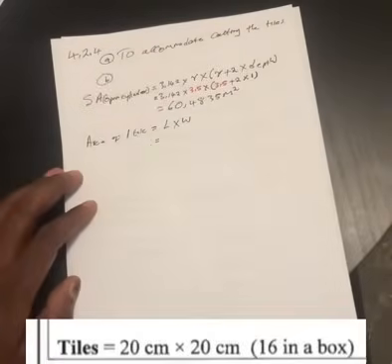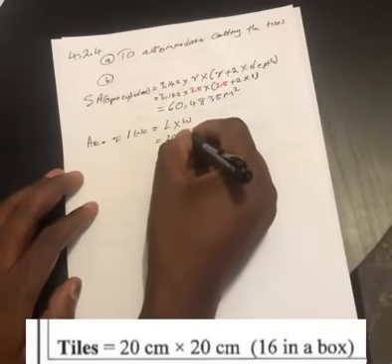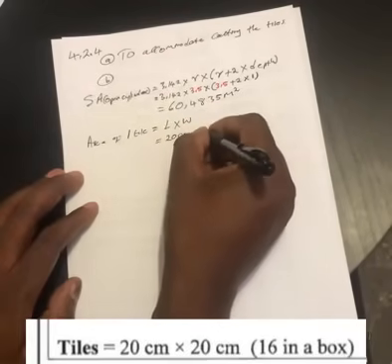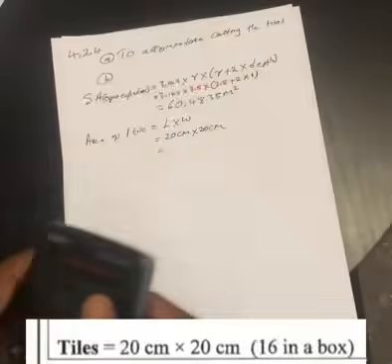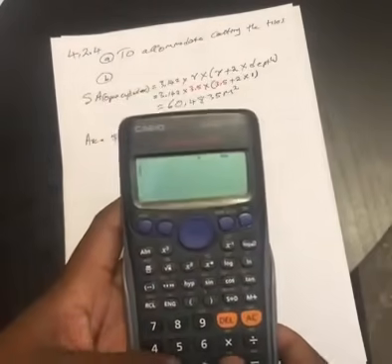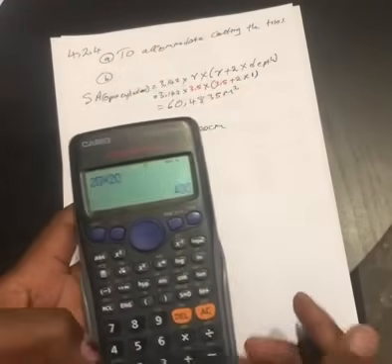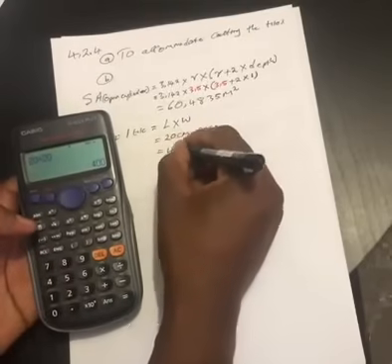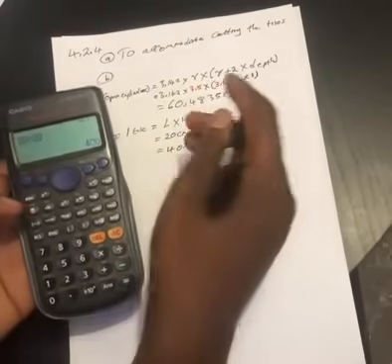And if you look at the tile that we have here, it's said to be what? 20 centimeters by 20 centimeters. We're going to have 20 centimeters multiplied by 20 centimeters. Then our answer, 20 multiplied by 20 is 400 centimeters squared.